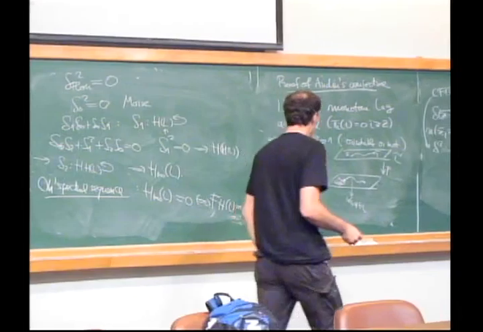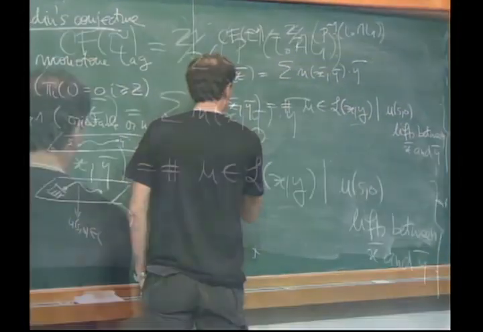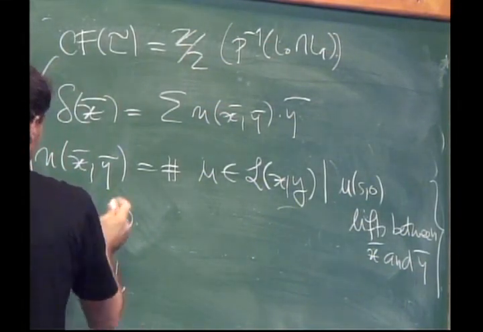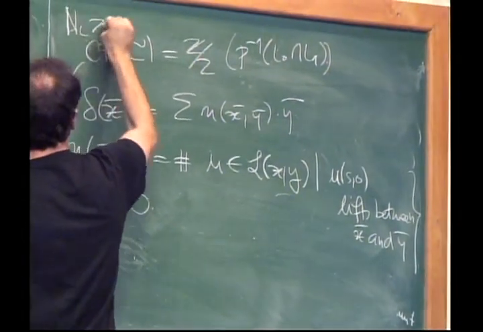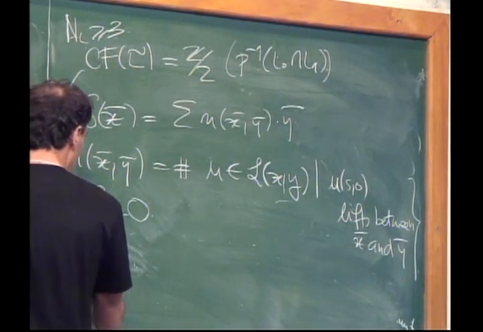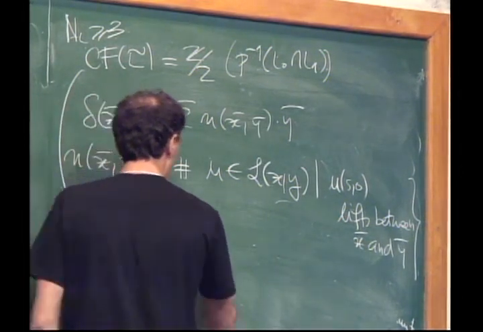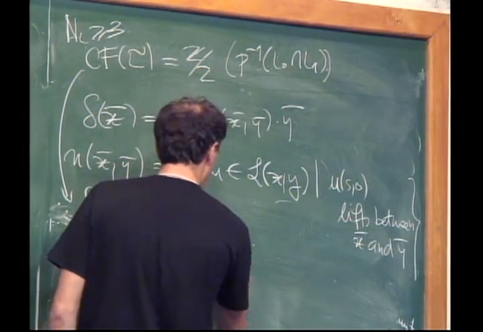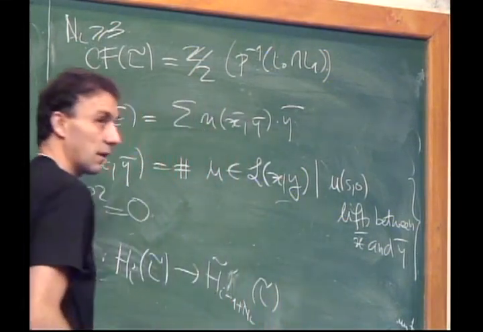So actually what you see here is that you have this d1. What you have to suppose here is that of course N_L is greater than 3. So for N_L greater than 3, you have this d1 going from H_i of the universal cover to H_{i-1+N_L} of this very universal cover.